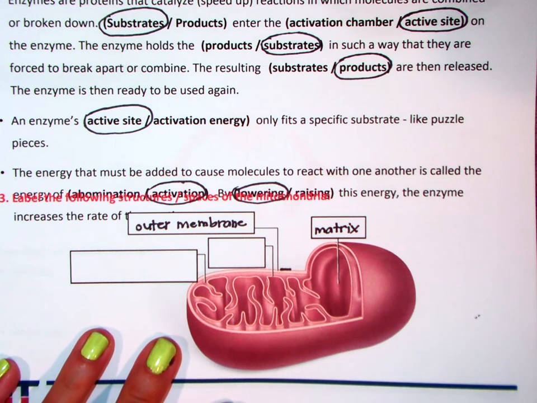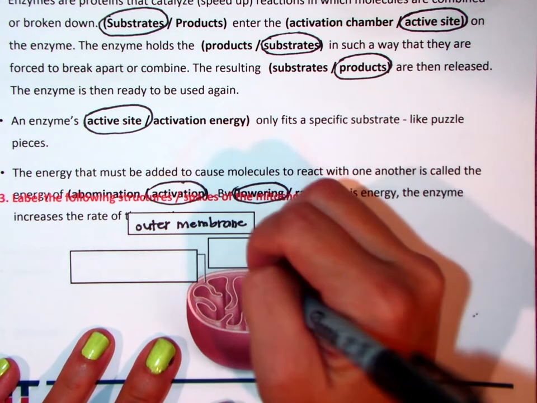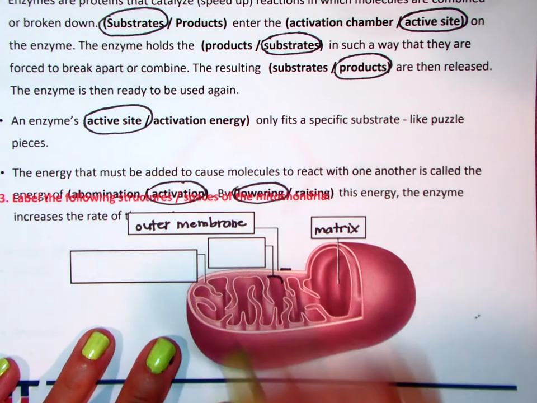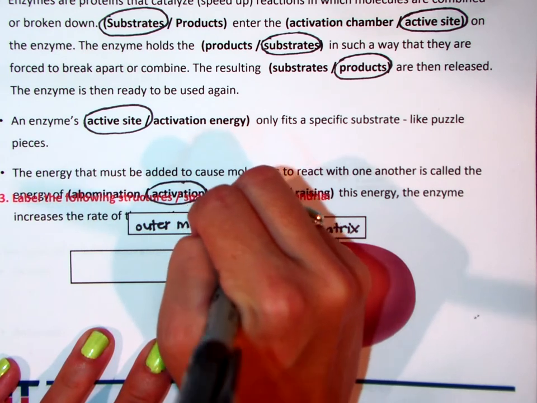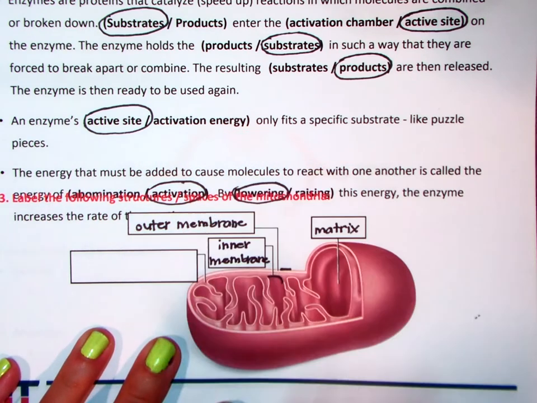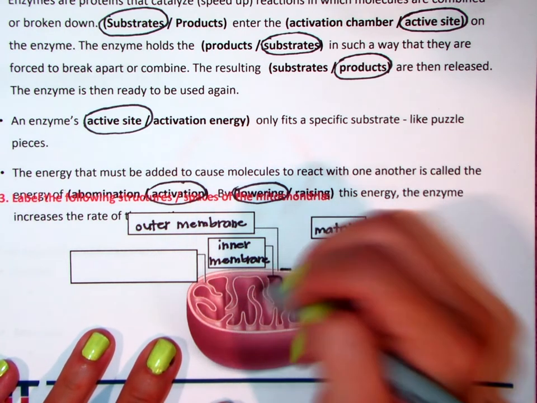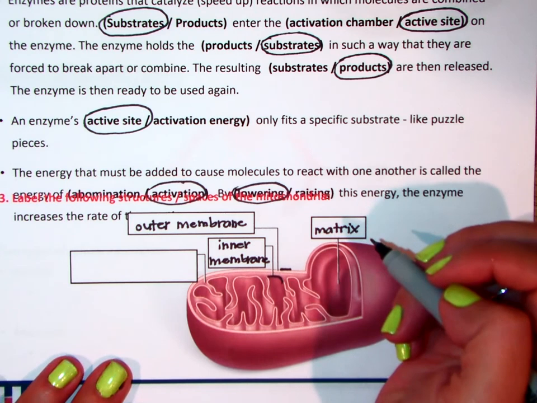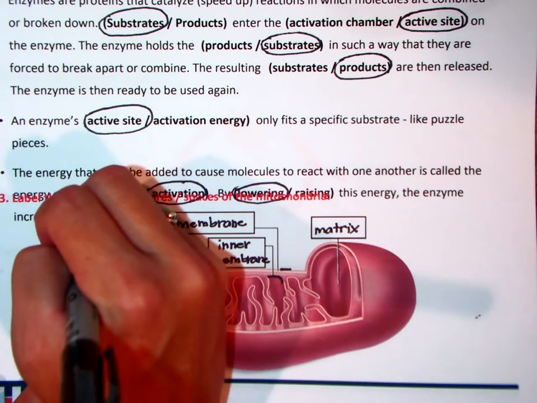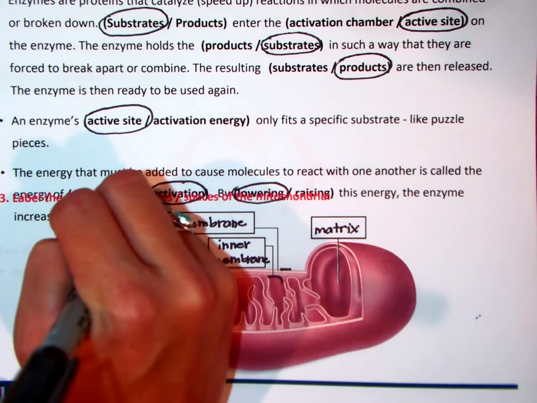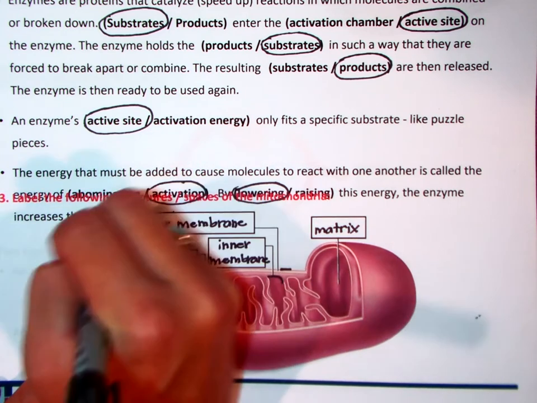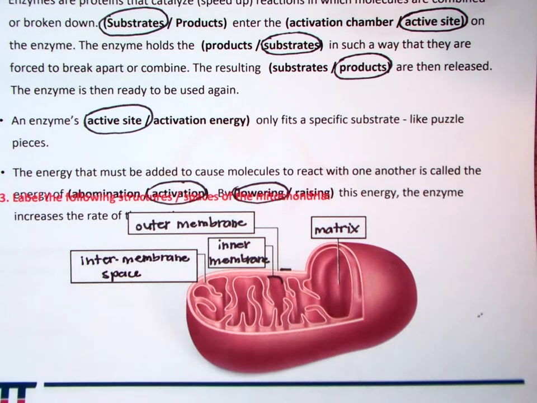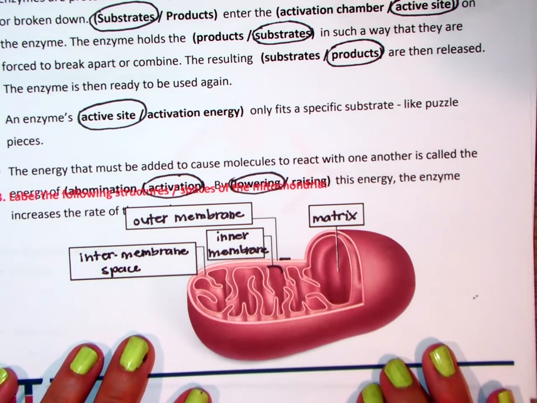It's a cool name, cool movie. This line right here is the inner membrane. And then the space in between the outer membrane and the inner membrane is called the intermembrane space. So inter means between, so that's the space between the membranes.